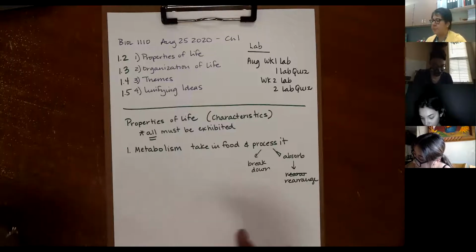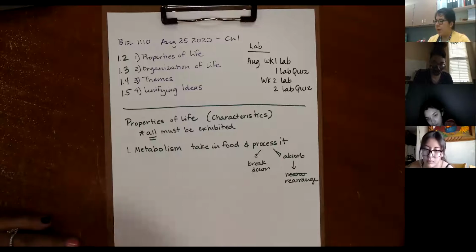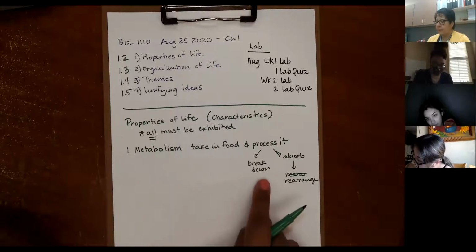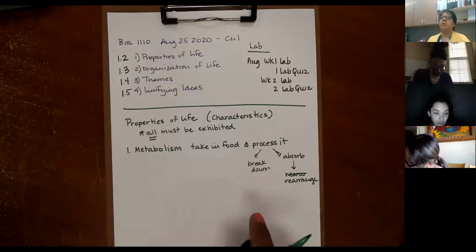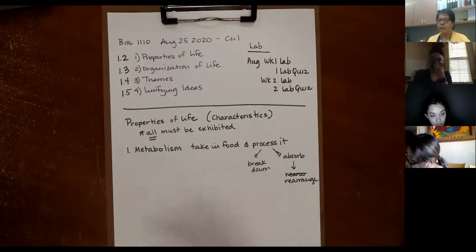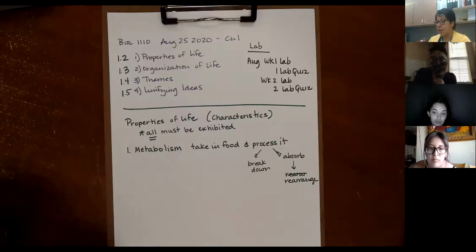So metabolism is more than just eating, it's taking in food and it's processing it. We can sometimes see something eating, but we don't actually see you digesting it inside of your body, and we don't see you absorbing it inside of your body. That's kind of a hidden sort of thing. But most of the time we can see you taking in food.